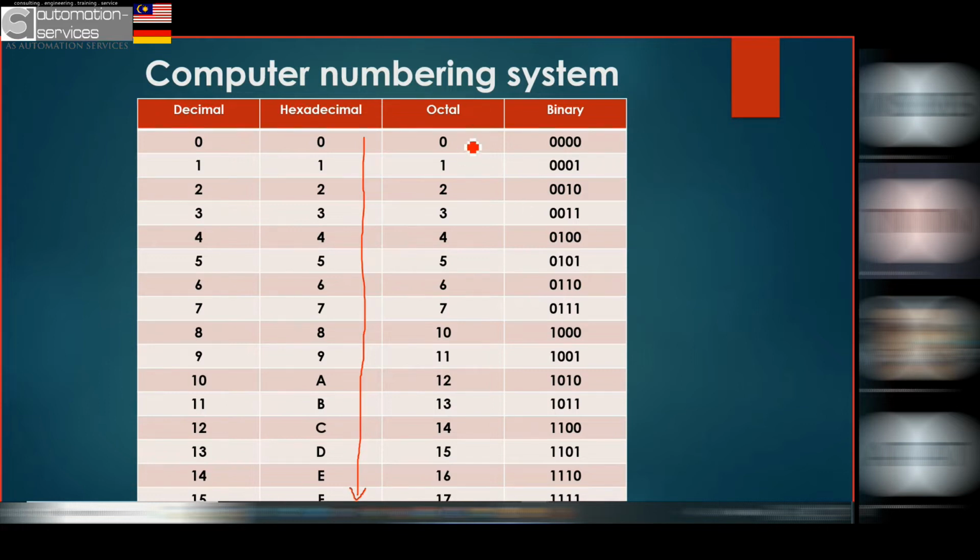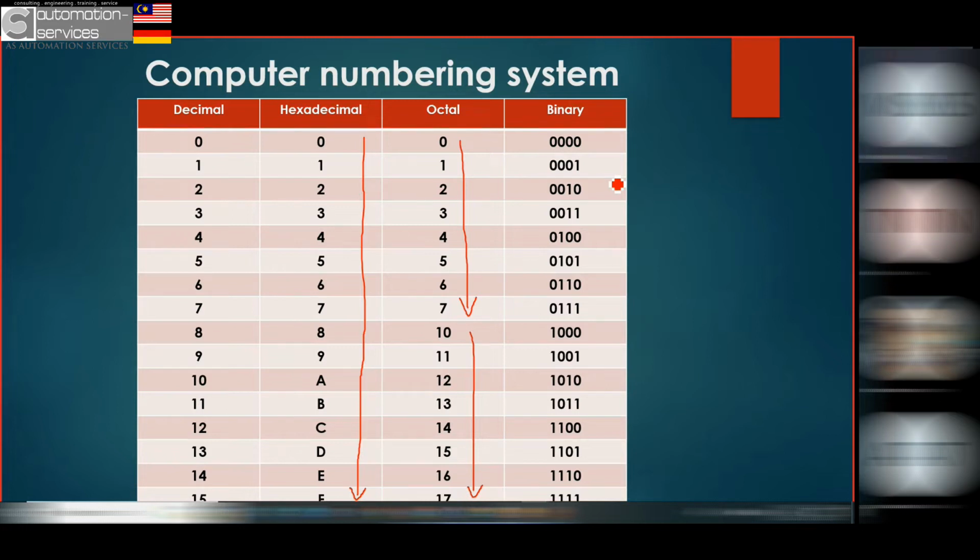Octal has 0 to 7, 8 digits, then 10 to 17. Then binary is the value in base 2.